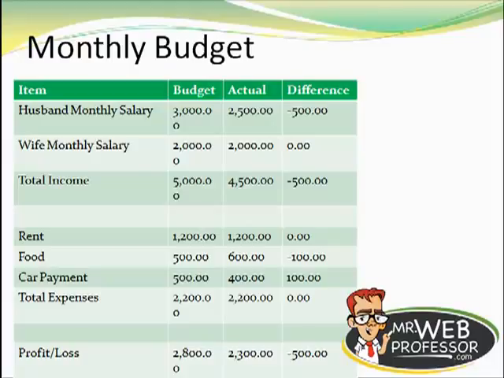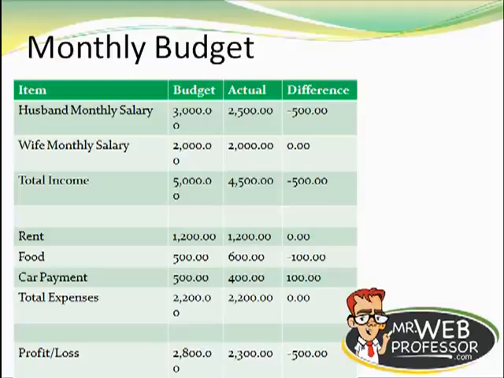The wife's salary was budgeted at $2,000. The actual amount was $2,000, and so therefore there was no difference. But on the total income, combination of the two, because the husband's salary was $500 less than expected, they have a $500 difference between the two.